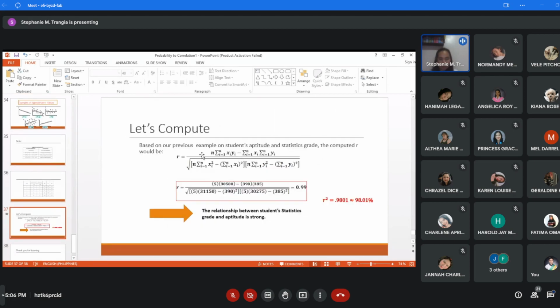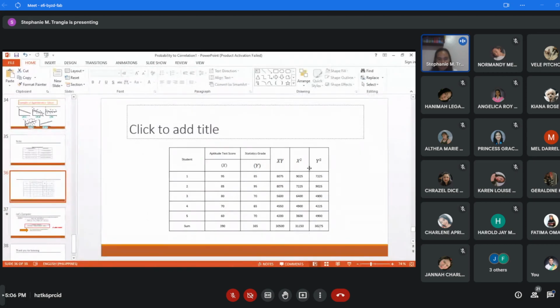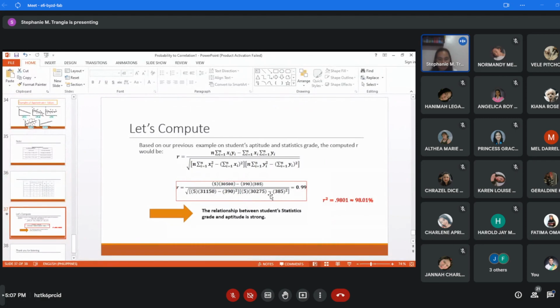N times the summation of XiYi, that's 30,500, minus the summation of X, that's 390, times the summation of Y, over the square root of N, that's 5, times the summation of X squared, that's 31,150, minus the summation of X, 390, quantity squared, times 5 times the summation of Y squared, 30,275, minus the summation of Y, that's 385, quantity squared. Computing the value gives us R equal to 0.99.